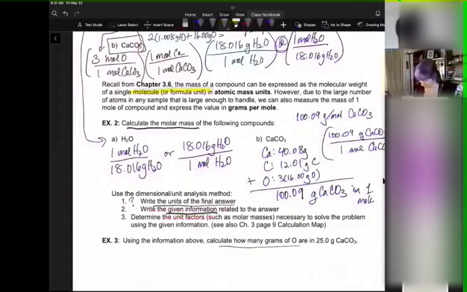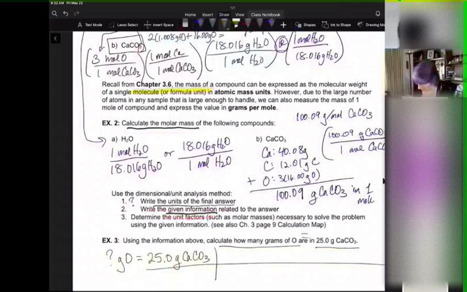How many grams of oxygen, how many grams of O equals 25.0 grams of calcium carbonate? We've got this relationship down here. And then we've got all of the relationships from the formula. Oh, there they are. They're up here.